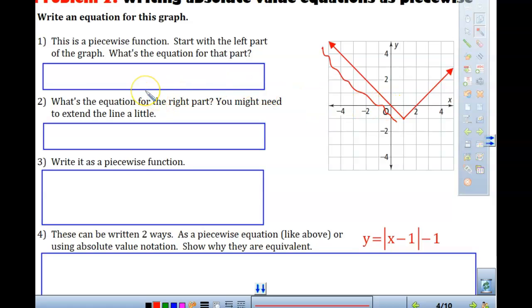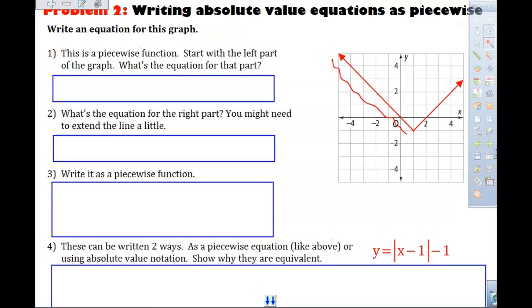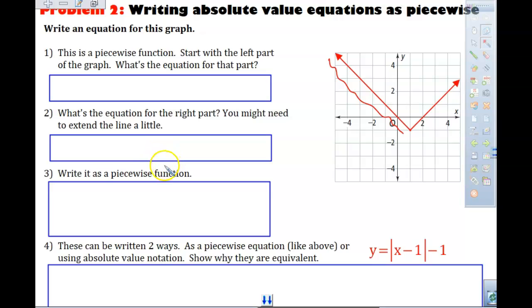On the left side, it is 0. If we are taking a look at this, what is our slope? What would you say as you are looking at that, Nathan, of that left side? -1. So my equation is going to be y equals -x plus 0, or just y equals -x. That's the left side. Agreed?